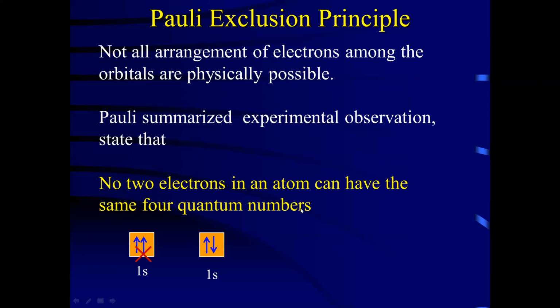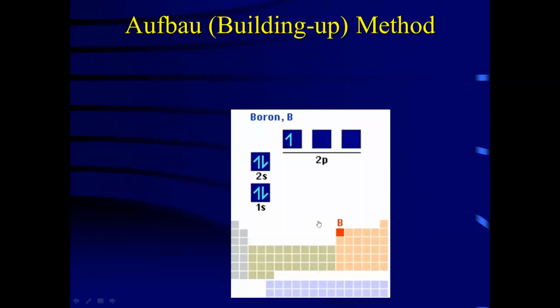If the first 3 quantum numbers are the same, the last quantum number, the spin quantum number, must be different, it cannot be the same. If the 4 quantum numbers are the same, it's prohibited. It's not possible according to this principle.